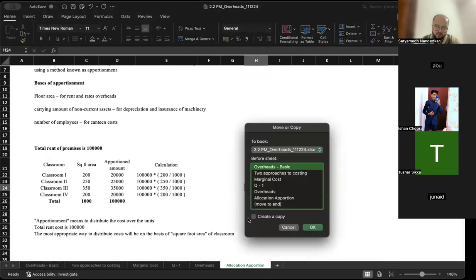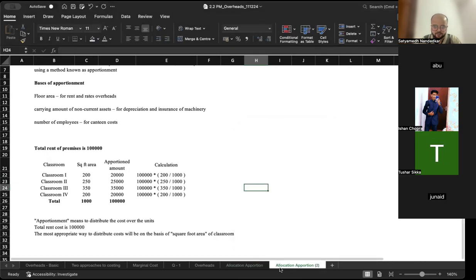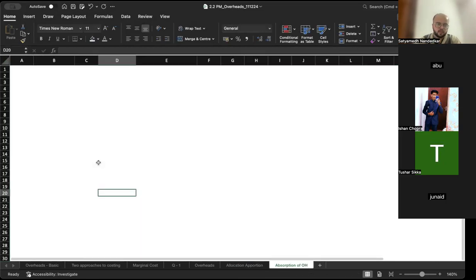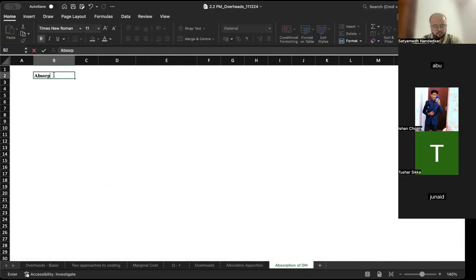Absorption of overheads is the process of including the overhead cost incurred into the cost of product or service.